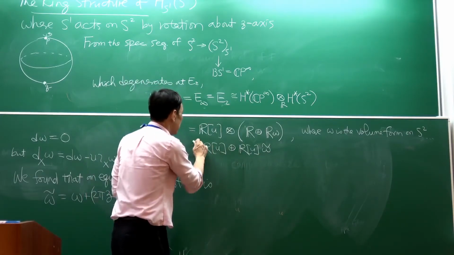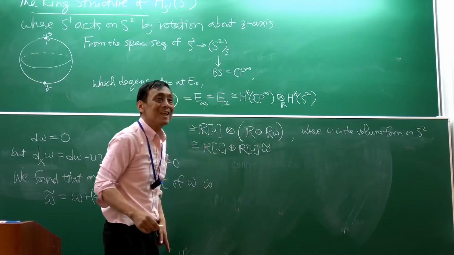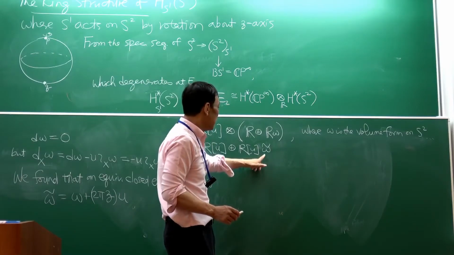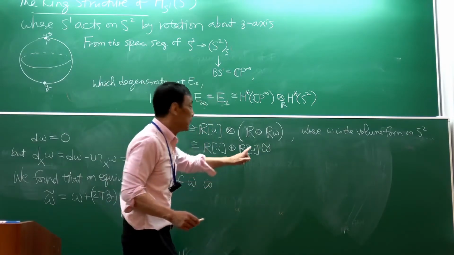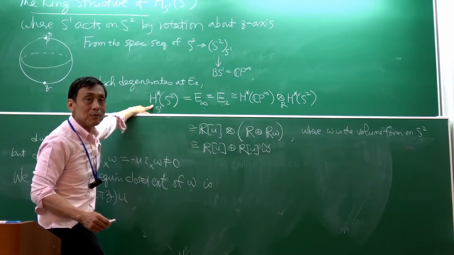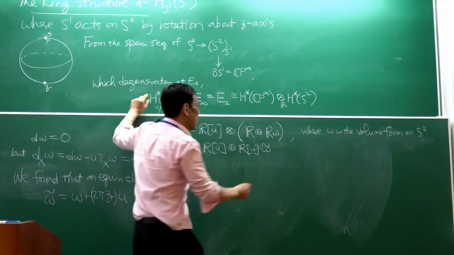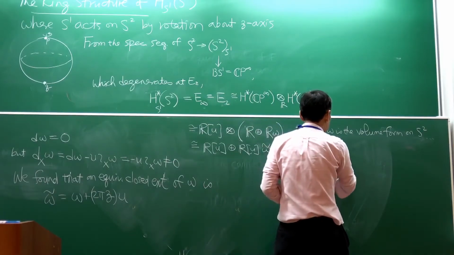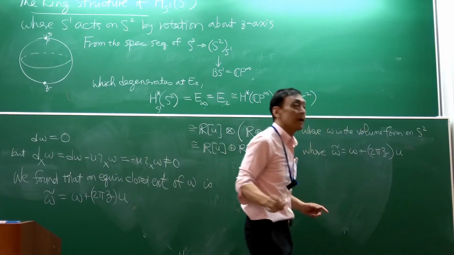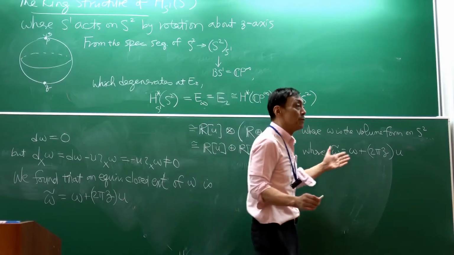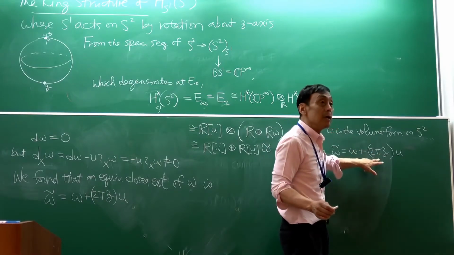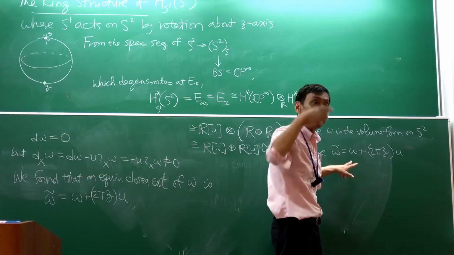Okay, these are all isomorphic anyway, as R[u] modules. But instead of using omega as a generator, you should use omega tilde, because omega tilde is actually in here. It's equivariantly closed. Okay? And so omega tilde is omega plus 2 pi z times u, in the Cartan model, right? These are all invariant under the z action.